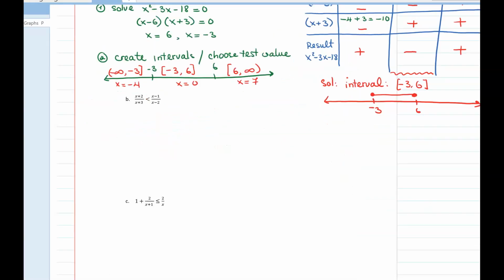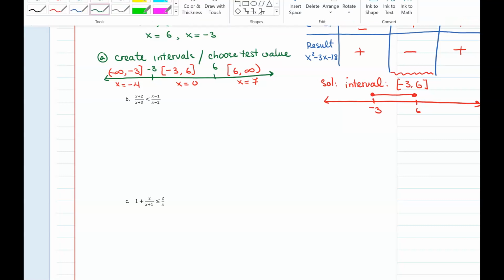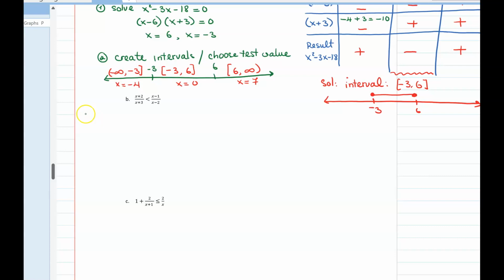Again, for the next problem, we will start by moving everything to the left-hand side and simplify it. Okay, simplify the numerator.